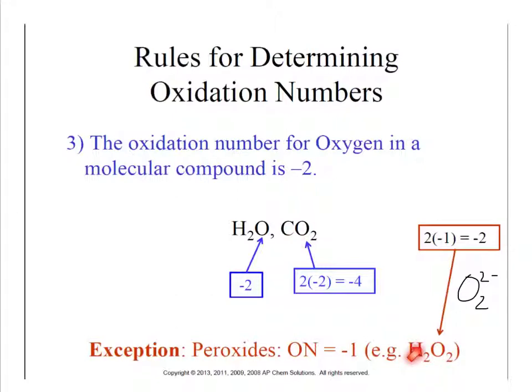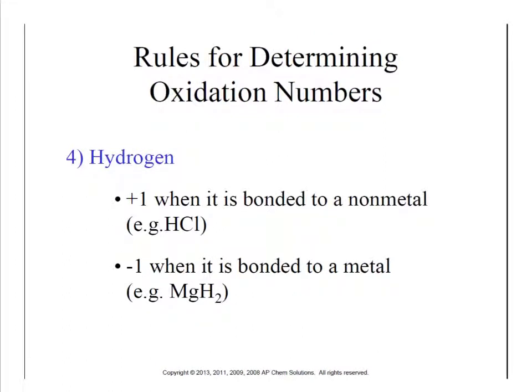Well, you've got to look at what it's bonded to. So if it's with a metal like hydrogen, that means that it's going to be an anion, so 2-. Also look at the names, so they'll tell you things like hydrogen peroxide. You recognize that as a peroxide, and if that's ever the case, that means that it is -1 for its oxidation number. Alright, and hydrogen, whenever it's bonded to a nonmetal, its oxidation number is +1.